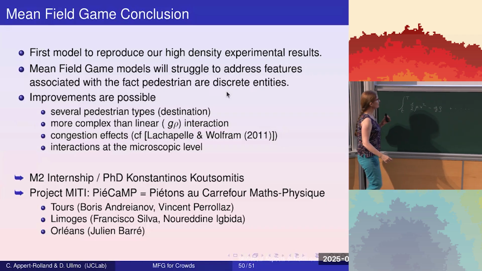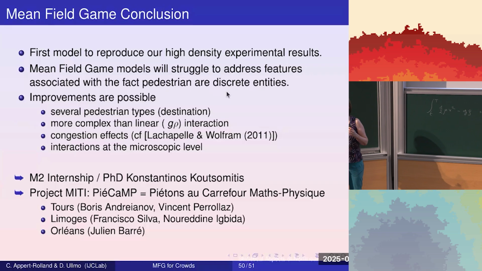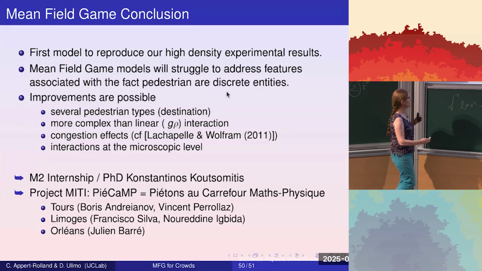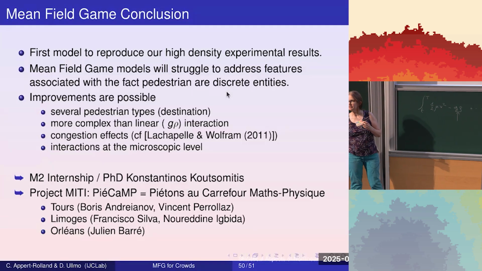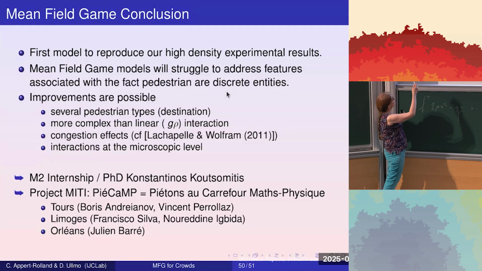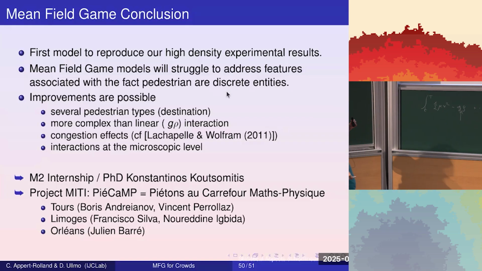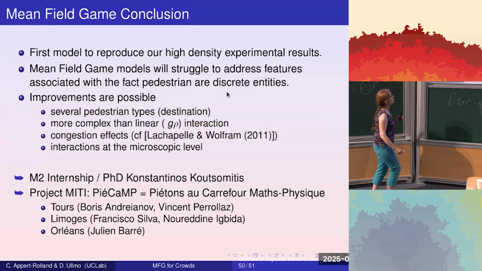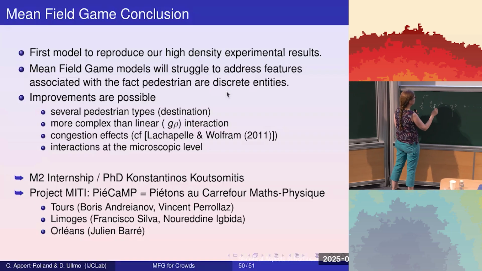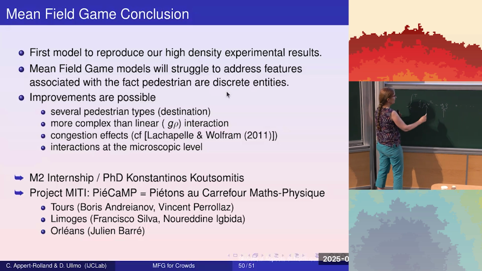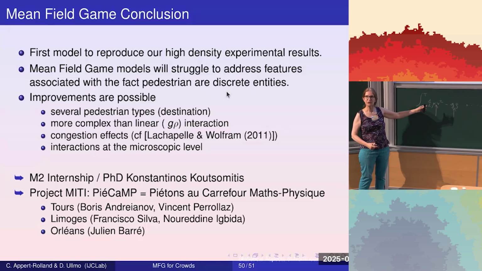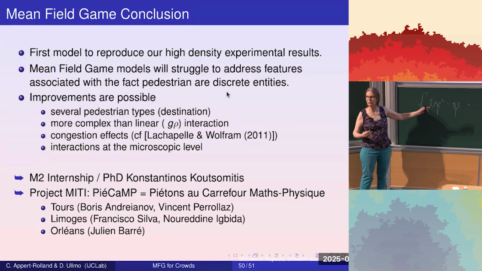I could take into account some more refined effect of density: instead of linear, I could put another form here. But I could also add what is usually called a congestion effect, which some people have already explored a little, though it's difficult. It means adding some term here that says you have a higher cost to go fast when you are in a high density region, because it's more difficult to move.